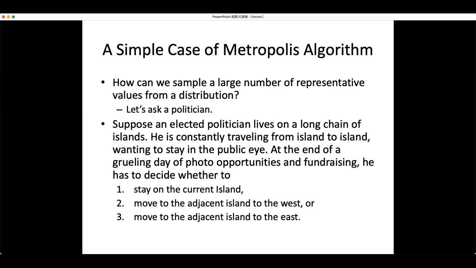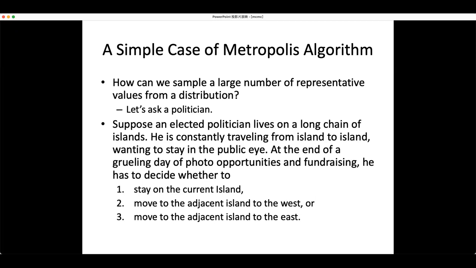How can we sample a large number of representative values from a distribution with such a large space? As I said, a grid point approach is not effective enough, right?